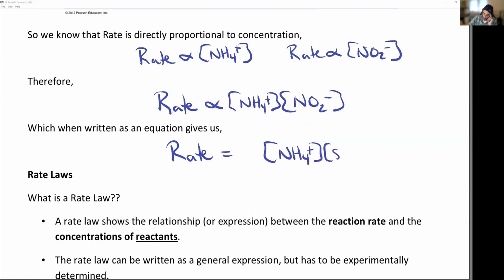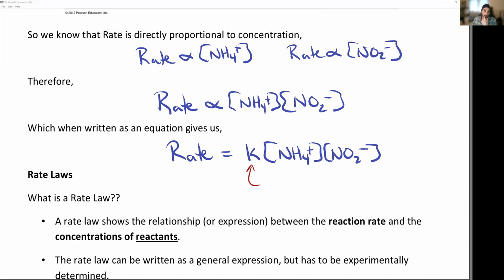This goes for whenever you want a relationship and you want to get rid of the proportionality: you simply add a constant. The constant k is going to basically set these things equal to one another. This k right here must be lowercase because we're going to use a capital K in the next chapter.